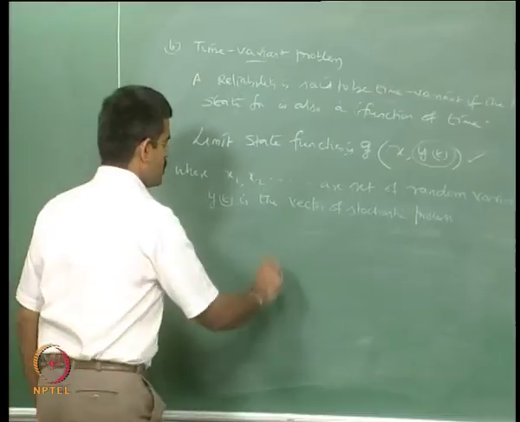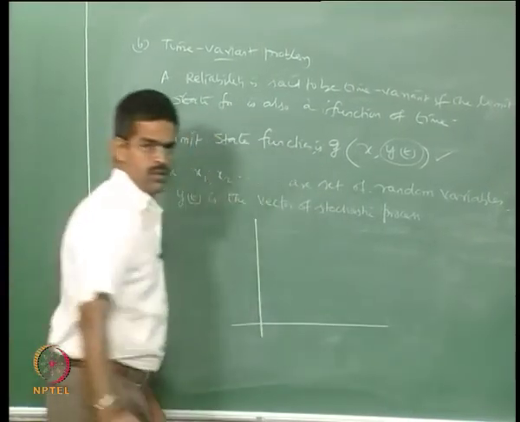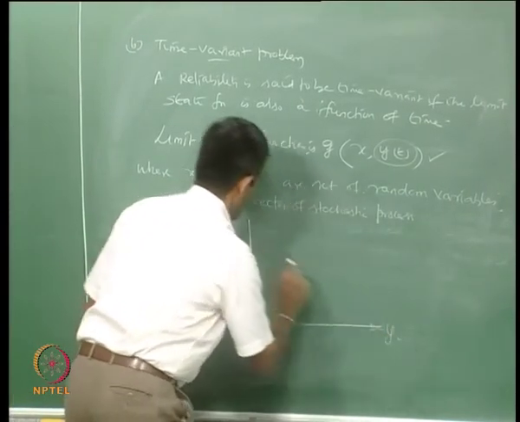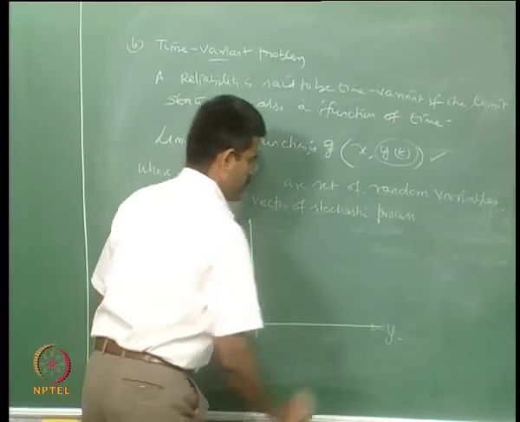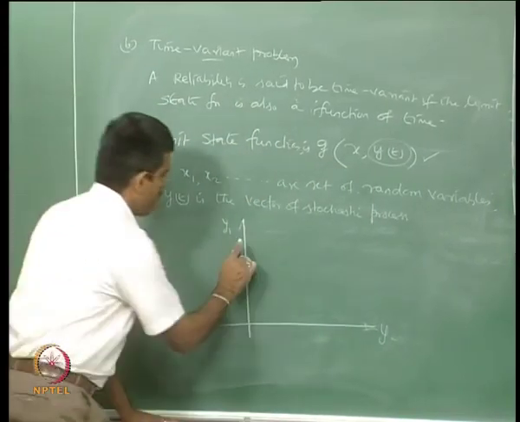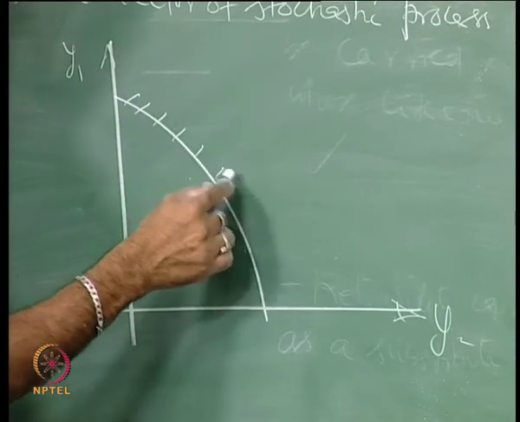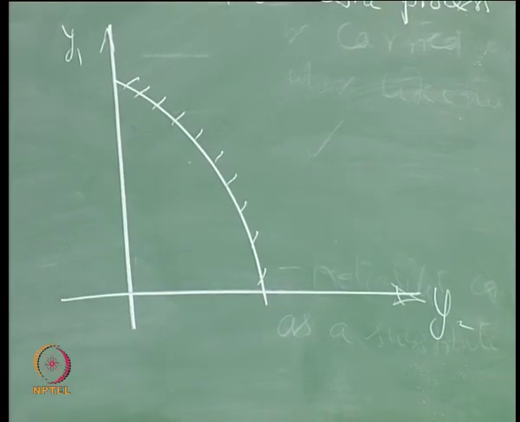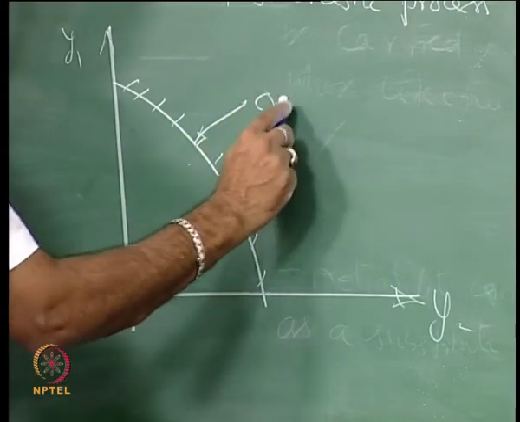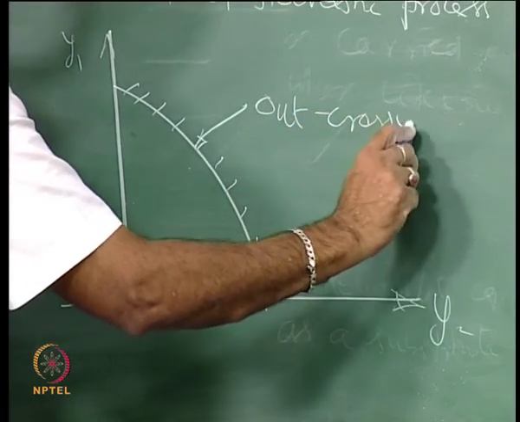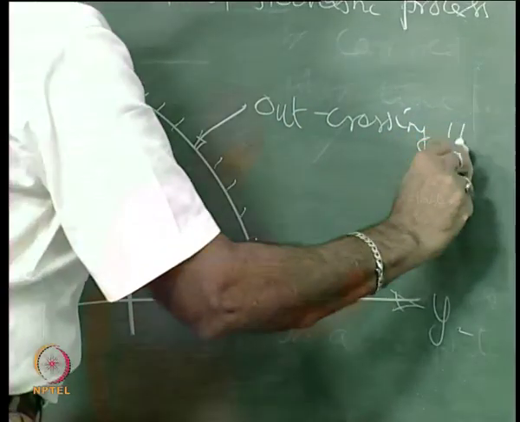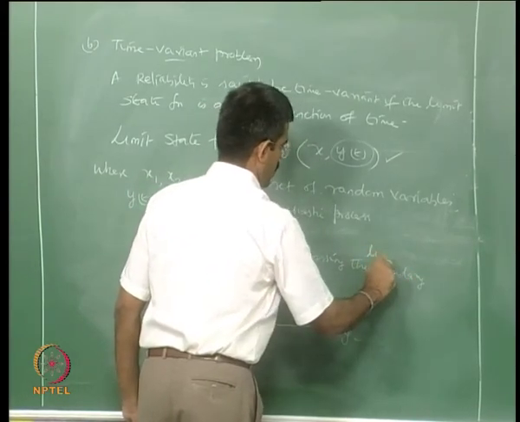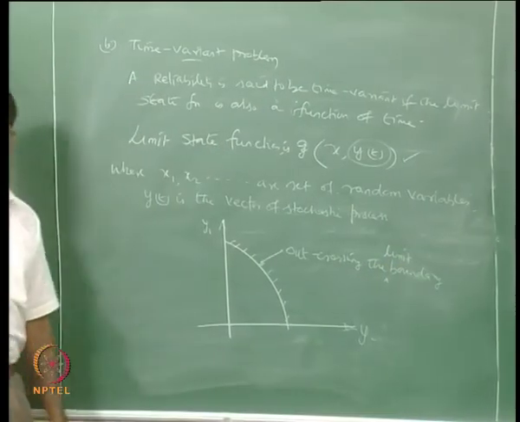Now, if I try to plot this failure as y2 and y1, and this becomes my limit boundary, failure is expressed as outcrossing the boundary, or I should say outcrossing the limit boundary.